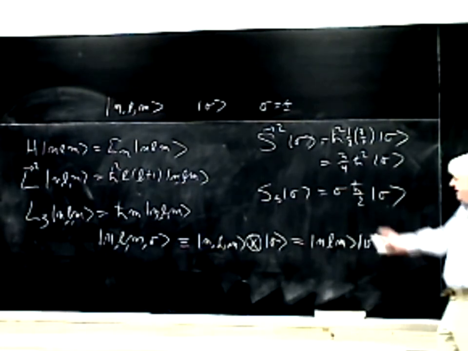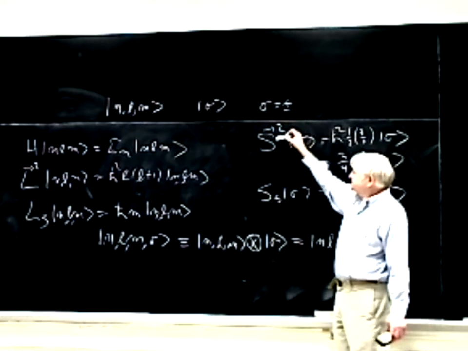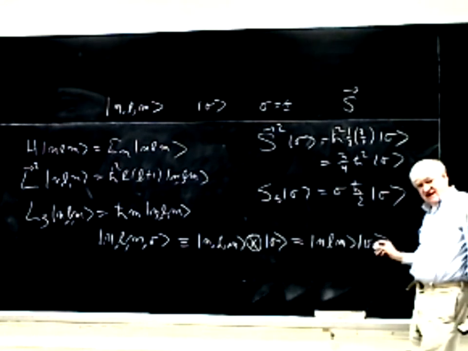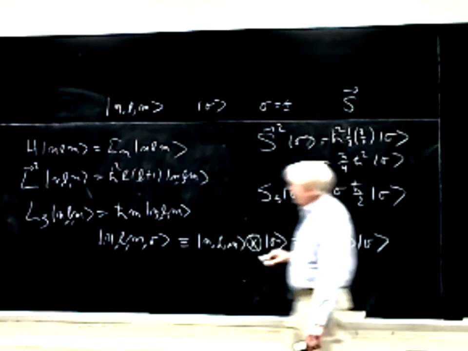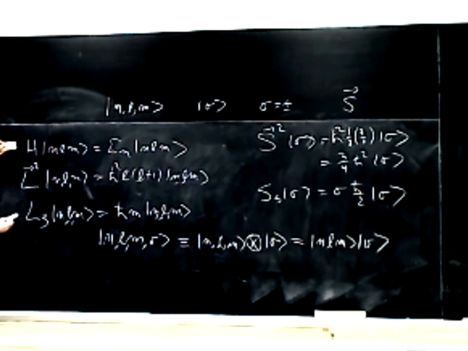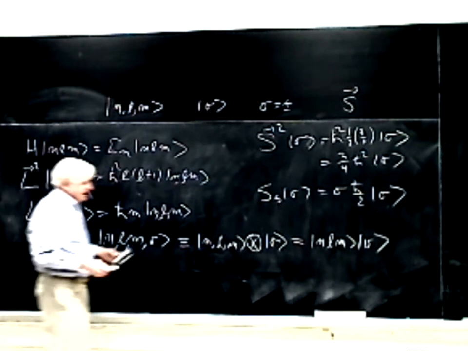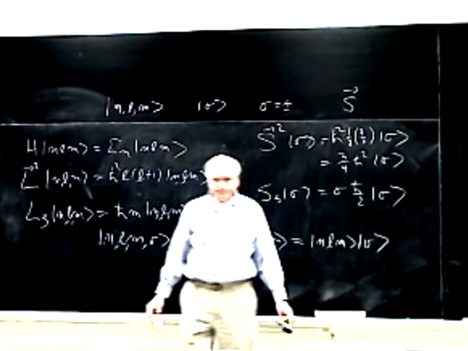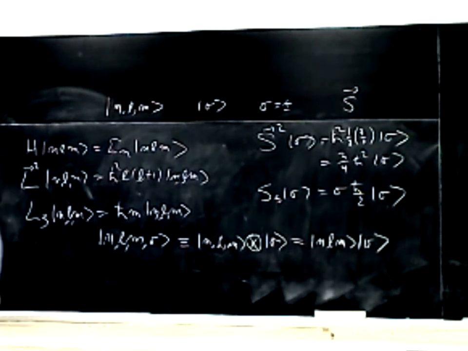And the deal is that the operators made out of S act only on the state sigma, and the operators that refer to the part of the hydrogen atom without spin, H, L squared, L3, and such things, act only on this state, not on sigma.